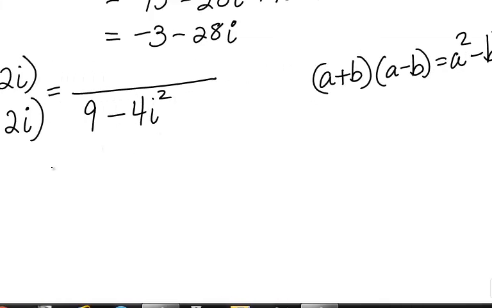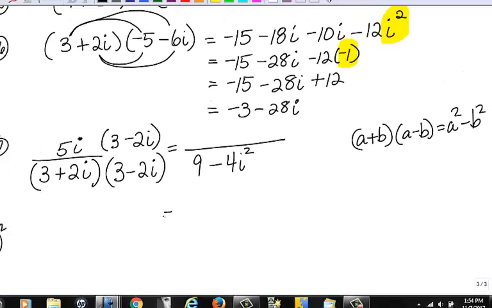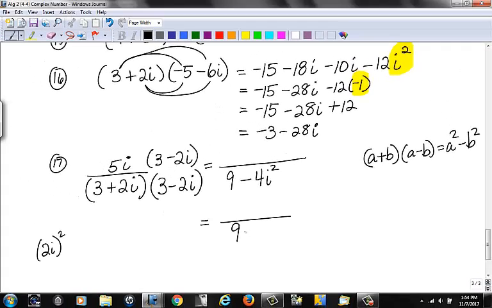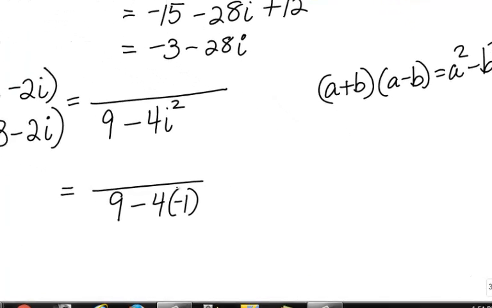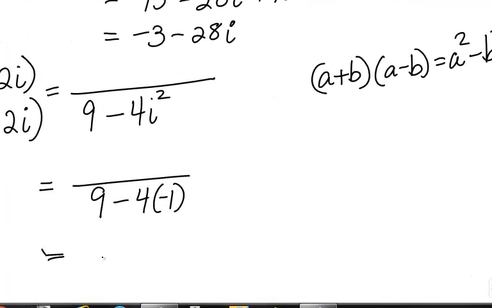But what's i squared? Negative 1. So this on the bottom is like 9 minus 4 times a negative 1. So that's like 9 plus 4 on the bottom is like 13 on the bottom.